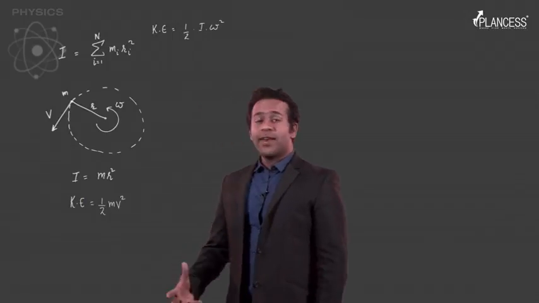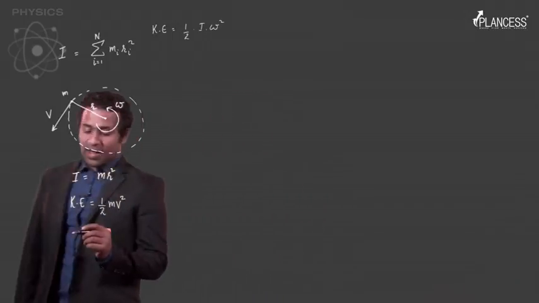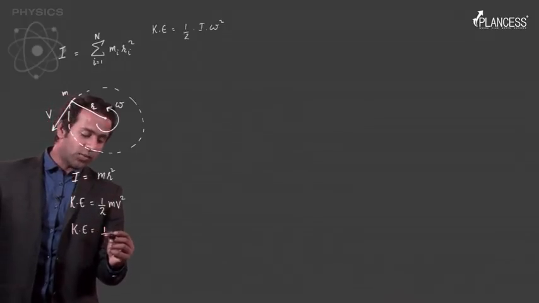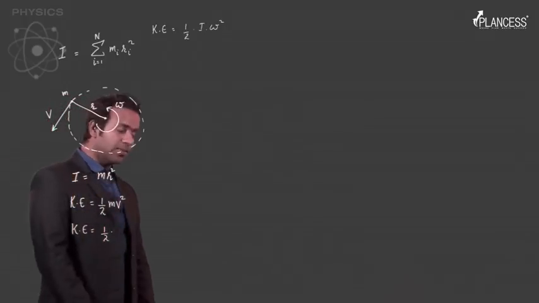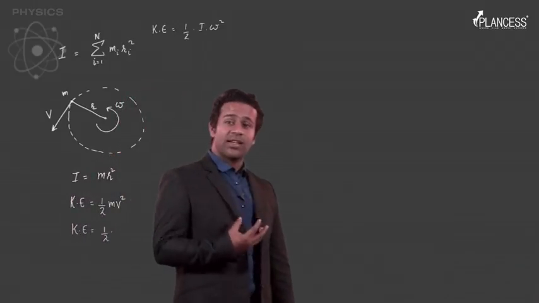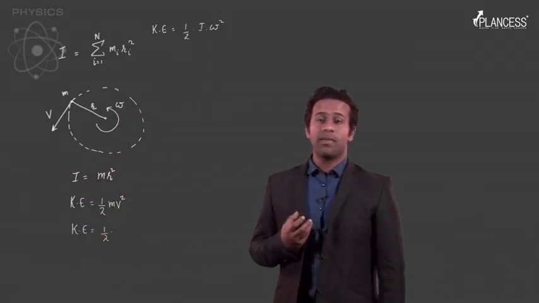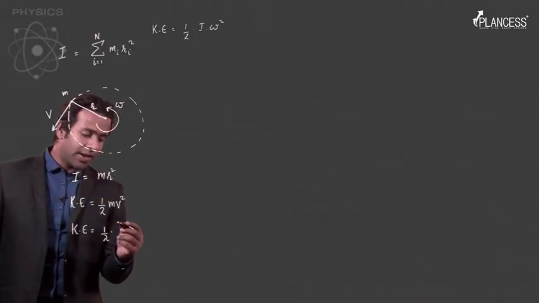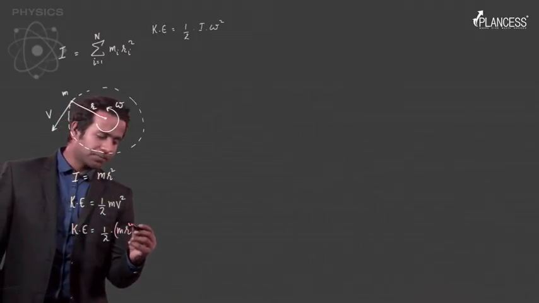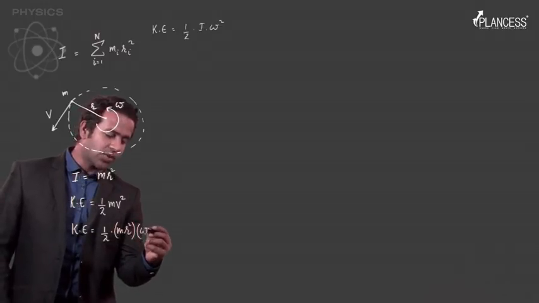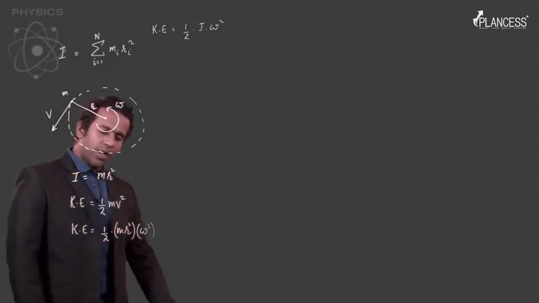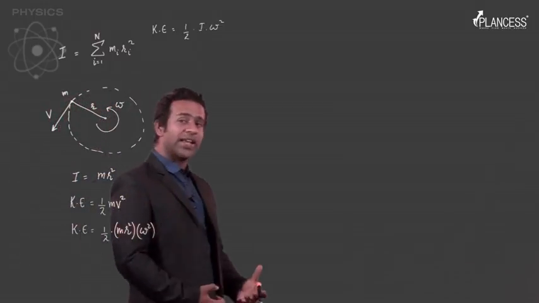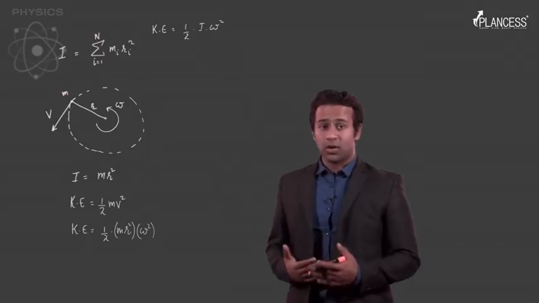Now, looking at the new expression which says that kinetic energy is equal to half I omega square, we would get half into, and we just established that moment of inertia for a point mass would be m r square, so half into m r square into omega square. Now, you can see that r square omega square can be clubbed together and we can write it as r omega the whole square.